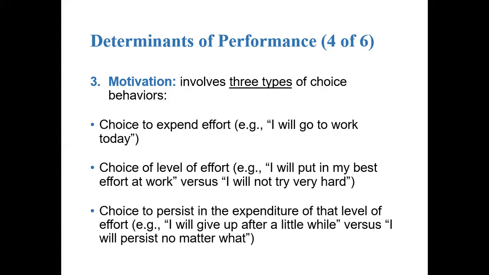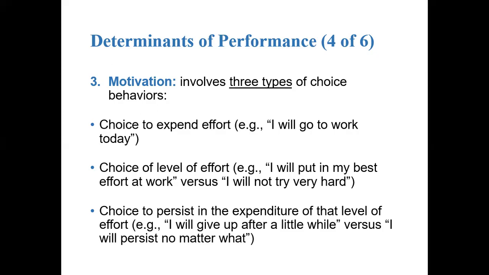That is, I will put in my best. So I will go to work, it's just I'll go to work because I have to go to work. But I'll put in my best effort at work is another thing. That's another level of commitment. I'm not just going to work, but I will put in my best effort at work. That is a higher level.